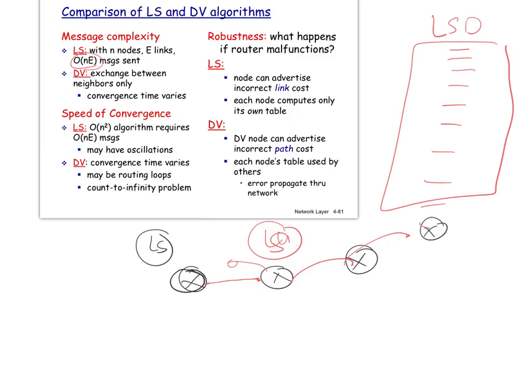In terms of speed of convergence, as we discussed last time, the complexity of the Dijkstra algorithm is O of n squared. Why? Because we have to insert node by node into N', remember? We have to add node by node to this N', and at every step we have to calculate over n minus 1, then n minus 2, and so on.